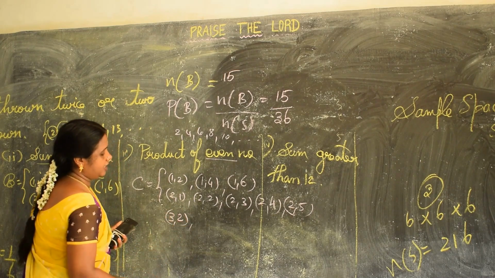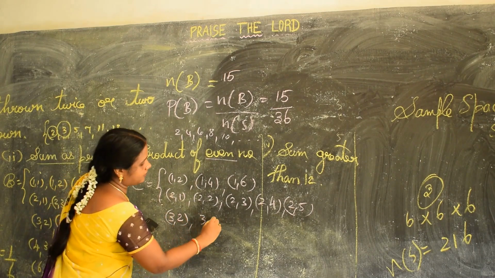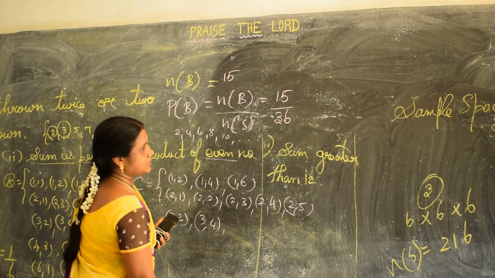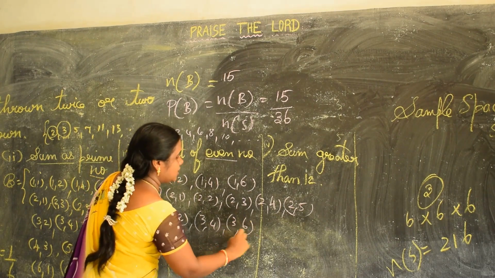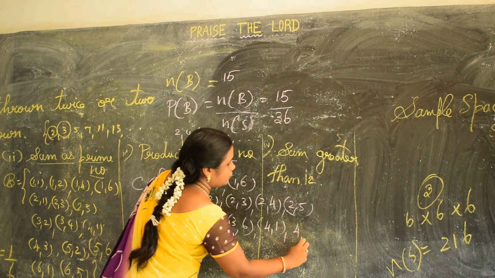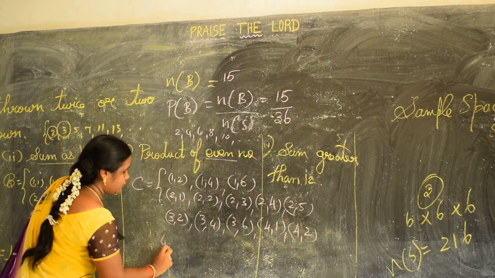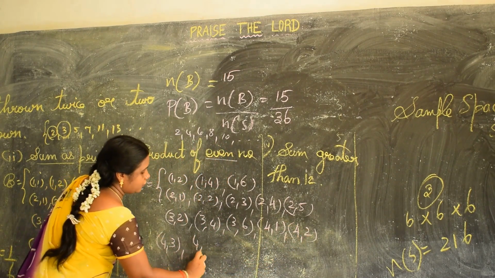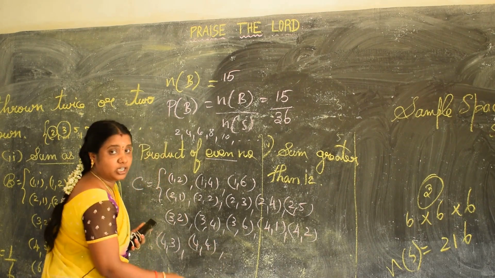In the third row, you will write 3, 2. Next, 3, 4. Next, 3, 6. In the fourth row, write all the elements: 4, 1, 4, 2, 4, 3, 4, 4, 4, 5, 4, 6, so that if you multiply, you get only even numbers.